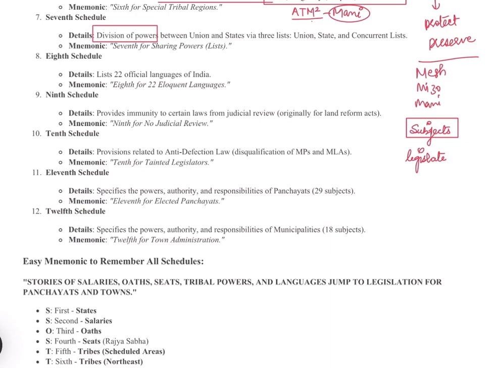Those subjects are divided into three lists: one, two, three. The first is called the union list, on which only the union government will make laws. Second is the state list, in which only the state government will make laws. The concurrent list is a common list under which union and states both can make laws. So the seventh schedule talks about three lists.